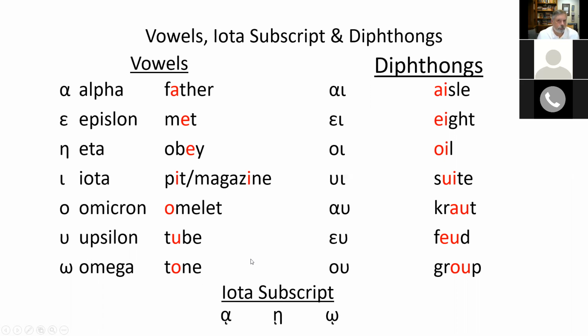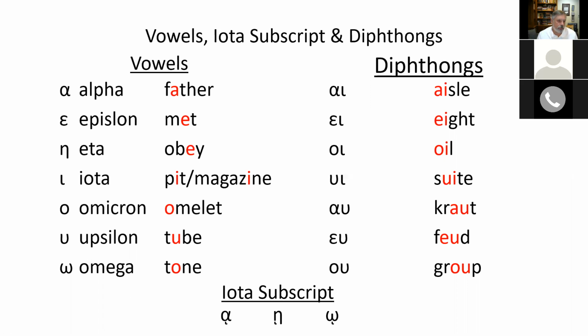Okay. And when I was doing my homework, I wrote down: how does the iota subscript affect pronunciation? I put that the iota subscript has no effect on pronunciation, but is essential for translation. Very good. Totally correct. You're 100% accurate.